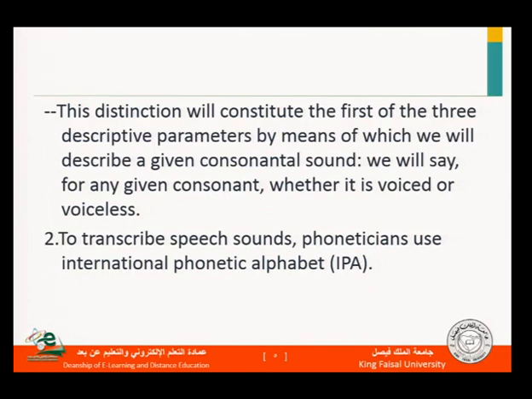Now, if I want to describe a given word phonetically, if I want to write a given word in English phonetically or even in Arabic phonetically, we have to use a new system which is called IPA, the International Phonetic Alphabet.